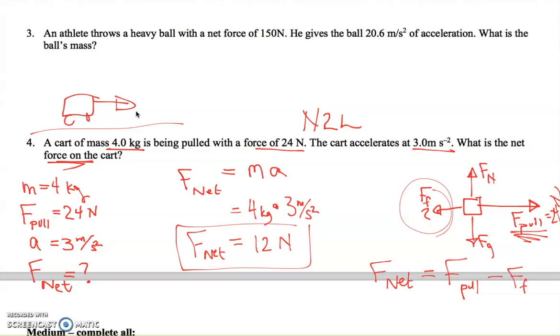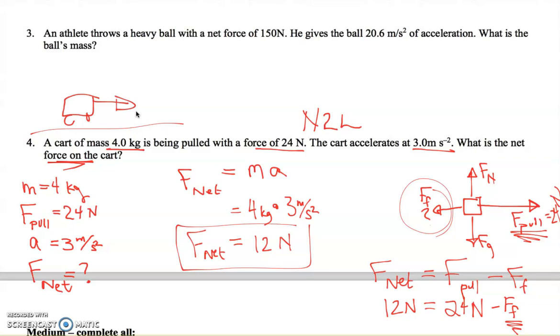And so since I know the force pull is 24 newtons, I can actually find that frictional force: 24 newtons minus force friction equals the net force of 12 newtons. Okay, I bet you can tell me what the frictional force is.